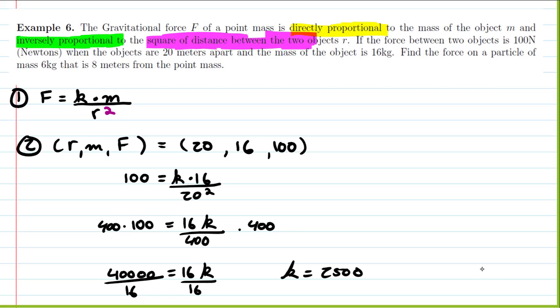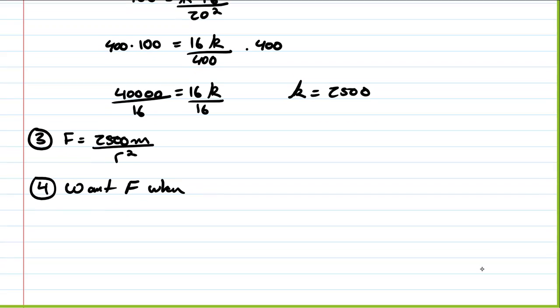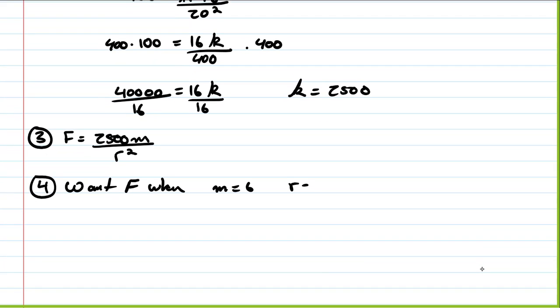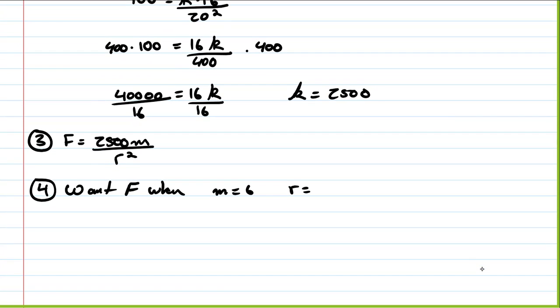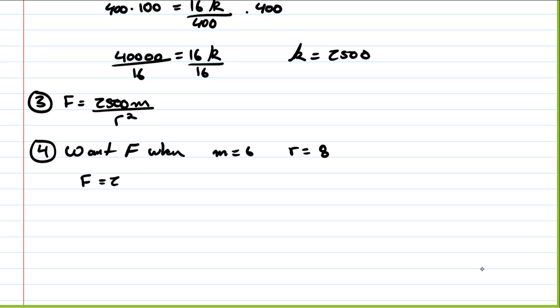So now finally, what were we asked to find? We want to find the force on a particle of mass 6 kilograms that is 8 meters from the point mass. So step 4 is we want F when m equals 6 and r is equal to 8. And we put all of these values in, 2,500 times 6 all over 8 squared.